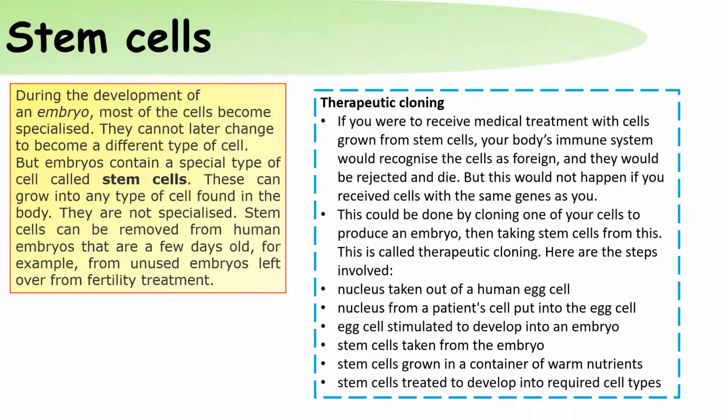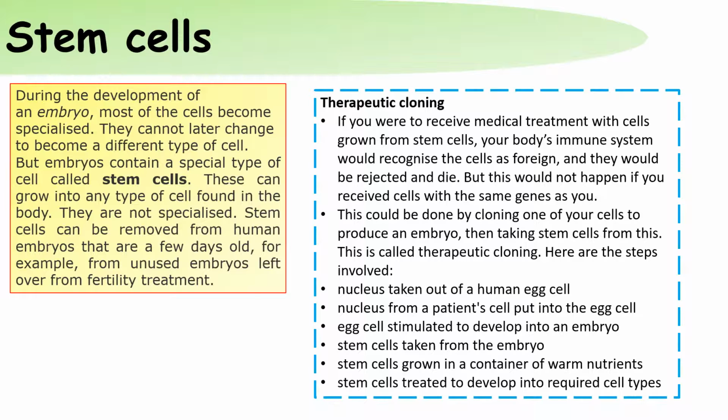Stem cells can be used in therapeutic cloning. If you were to receive a medical treatment with cells grown from stem cells, your body's immune system would recognise the cells as foreign and they would be rejected. But this does not happen with cells that have been grown from your own stem cells.